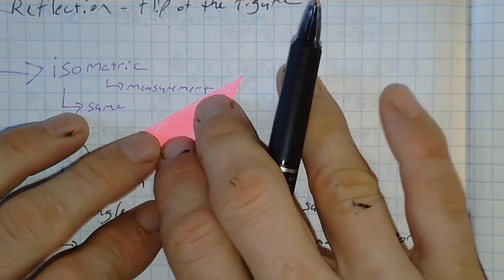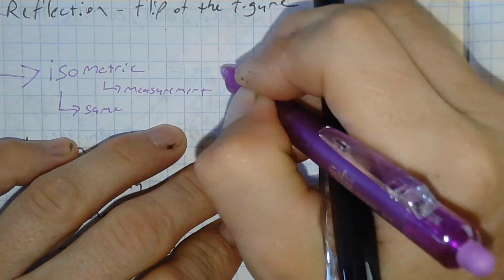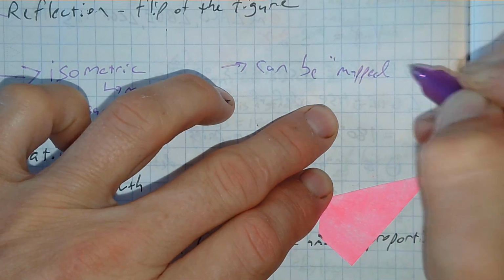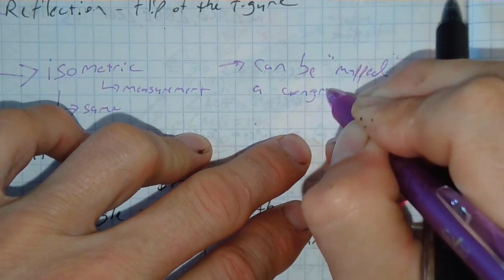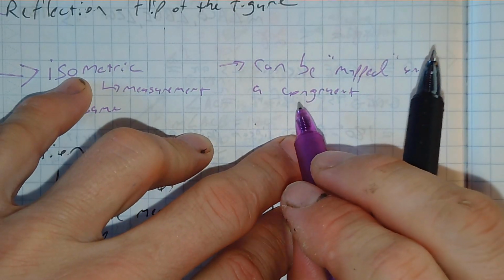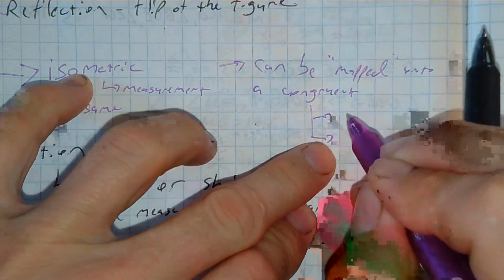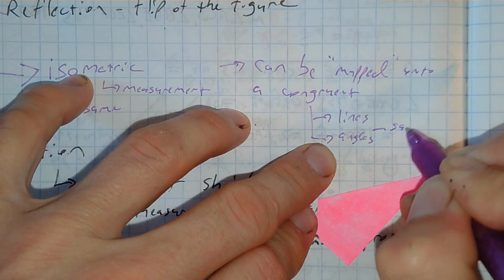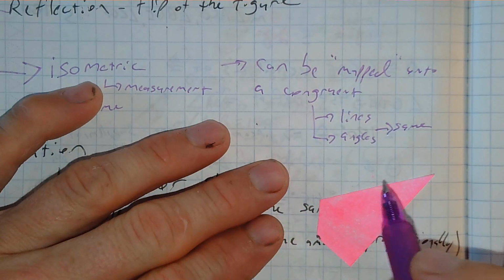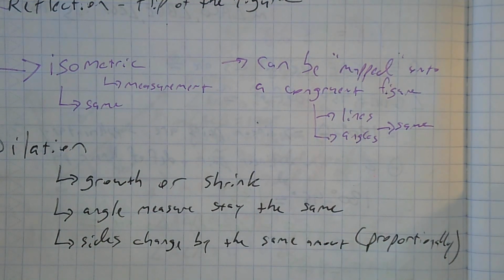Isometric figures can be mapped onto a congruent figure, which means the line segments are all the same length and the angles are the same measures. All right, so we're going to do some examples here in the next video.